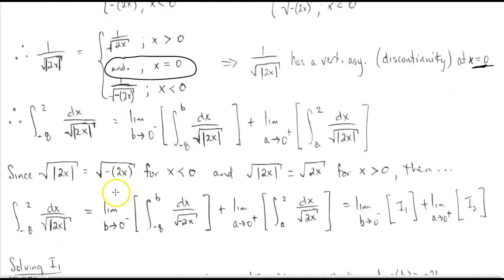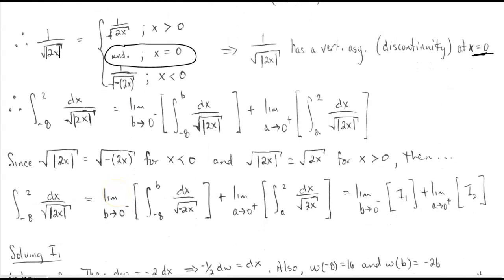So here we go ahead and set everything up. We start here, and we know that 0 is the partition number, which is where our discontinuity is. So we're going to have to break this definite integral up into two separate ones.